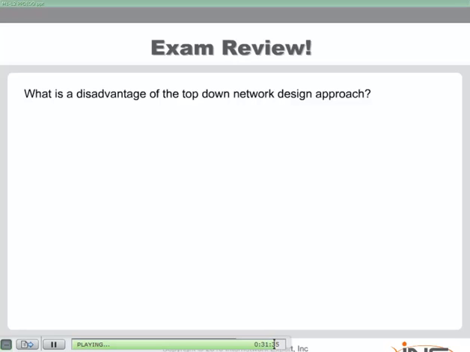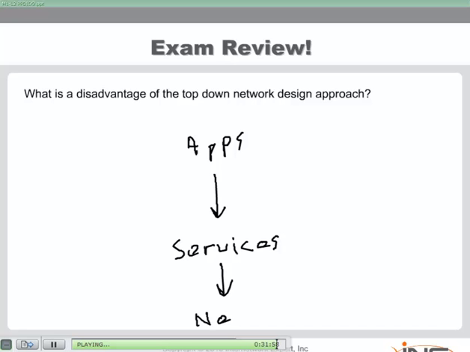Remember, with the top-down approach, we are starting with the applications, and we're going to design down to services, and then we're going to start thinking, after we talk about the services, then we'll start thinking about the actual network infrastructure. So when we design this way, this top-down approach, we are typically really hitting the business goals of the organization as implemented through the applications.